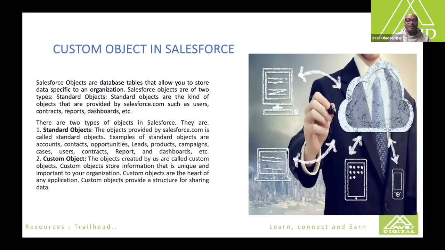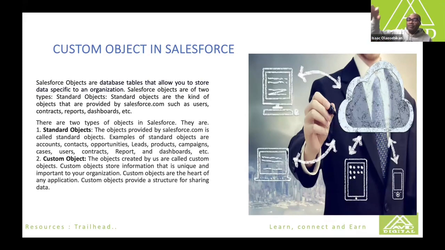The objects provided by Salesforce.com are core standard objects. Examples of standard objects are what? Accounts, contract, contact, opportunity, lead, product, campaign, cases, users, even those users you are bringing in when doing onboarding. The platform is already existing. They are also referred to as standard objects because all the fields are already provided for you.